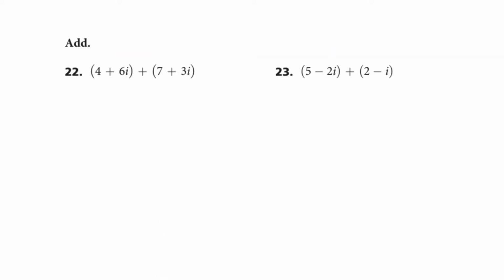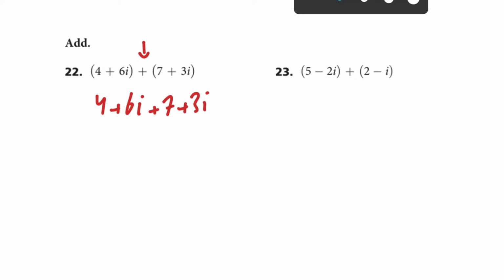How to add complex numbers? The addition between the brackets, it doesn't mean anything. So 4 plus 6i plus 7 plus 3i. Adding like terms, we have 4 and 7, 11.